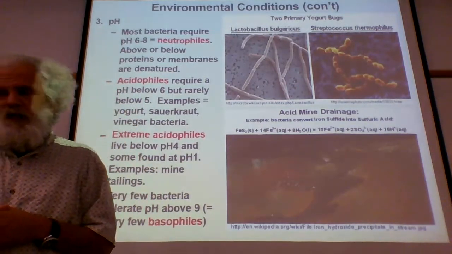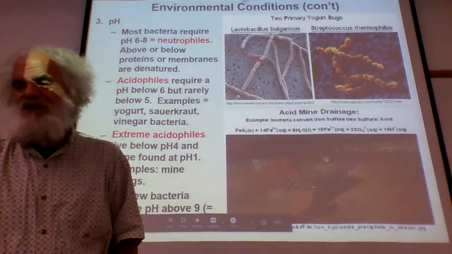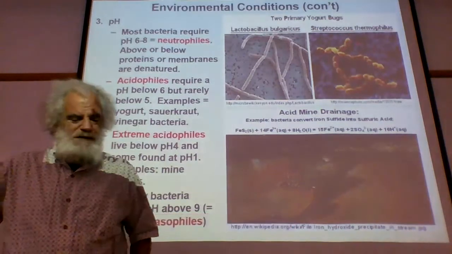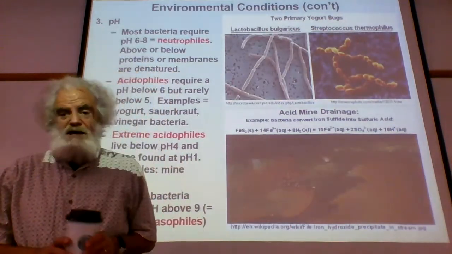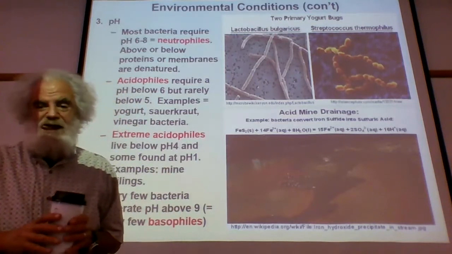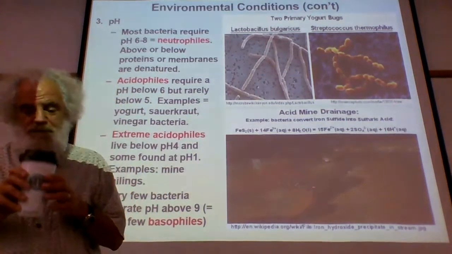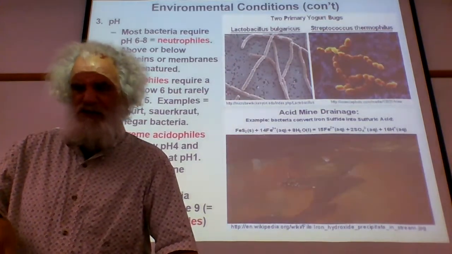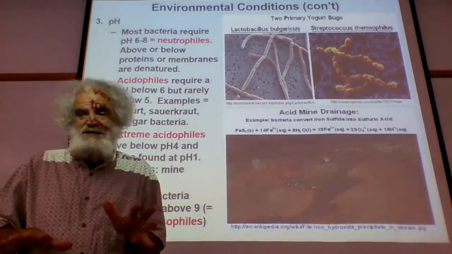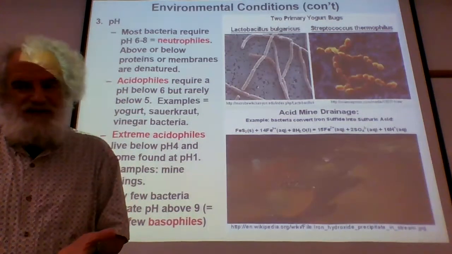Now, we've got some things that are in yogurt, like Lactobacillus and Streptococcus thermophilus. Lactobacilli actually like moderately acidic environments. That's what they grow in. They're not going to be growing in things that are extremely acidic, but they do work in low acid. So these are what we refer to as acidophiles.